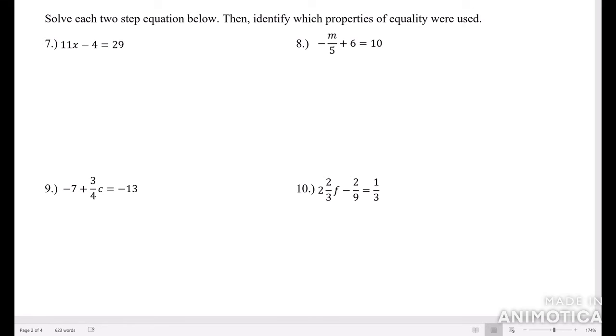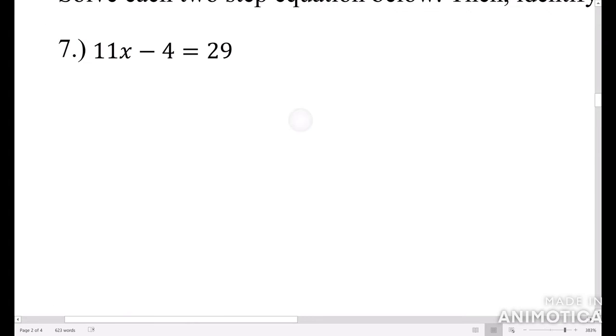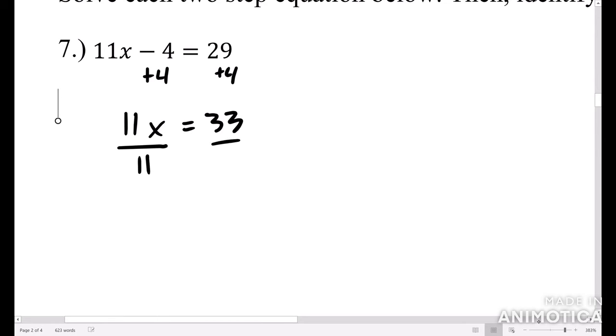Instead of dividing by 11 first, I'm going to add the 4 to both sides first. Doing that gives me 11x equals 33. Now I can divide the 11 away, and doing that gives me x equals 3.